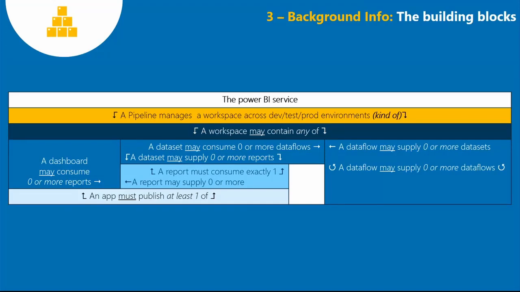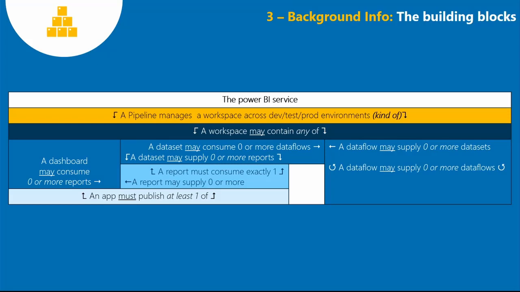So if for some reason you want those bits of code reused, then you can just put them one step earlier in a data flow and have all the data sets that need to use that bit consume the data flow.